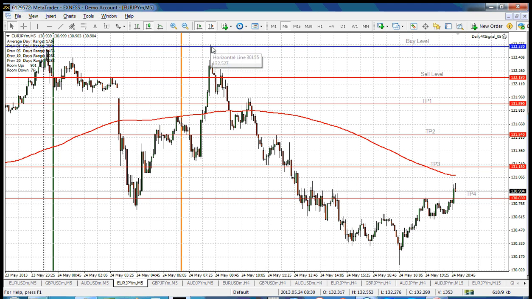So we would have entered right there, and unfortunately, in this case, as you can see, the price actually retraced back and then started to move down and hit our stop loss right here. So the moment we entered over here on the buy line, our stop loss automatically was at the red line over here, which is the sell level, and the price came down and hit the stop loss. So this was a loss trade.